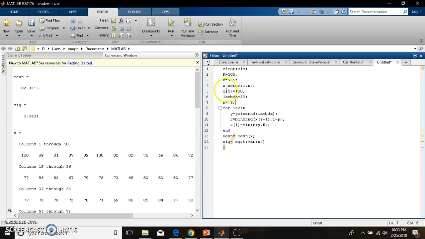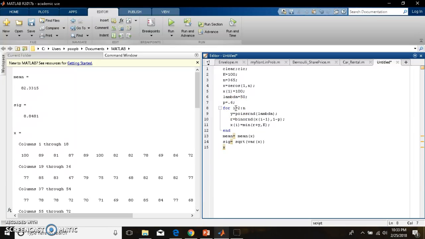And we set the x right here as the number of skips that are available, so that's 100. Makes sense. And then we're going to have our lambda. This is the average amount of customers that are coming to get a skip. It's one skip per customer, so we have a lambda of 50. And then finally we have the probability that once a person has a skip, they keep the skip for the next day. So we put that as 60% that they're going to have it the next day.